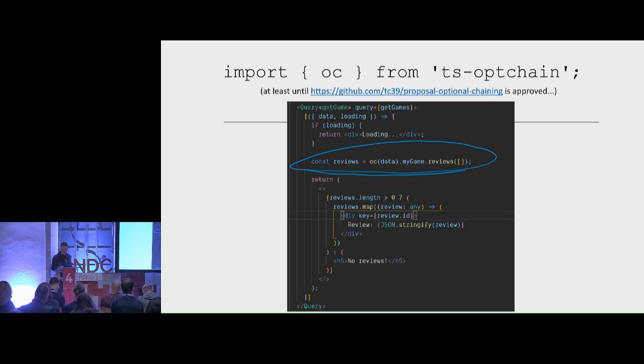So in this case, you can wrap the initial one here, this data, and allow you to safely say mygame.reviews, and then you can give it a default as an empty array. So you don't have to do that logical and chaining all the way down through nested objects, but you can safely provide a default where now all you have to check is, well, is the link there? If it's true, then we want to show the reviews, otherwise no reviews. And that's also pretty great.